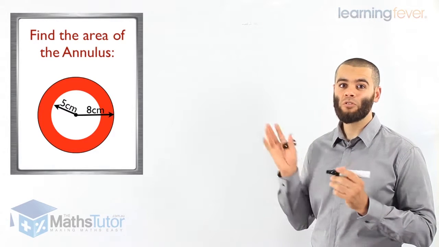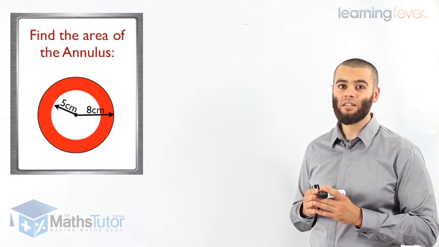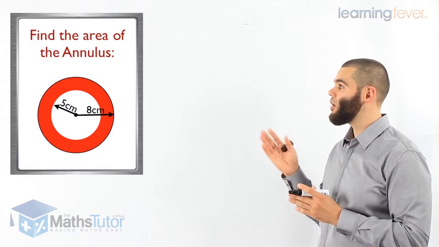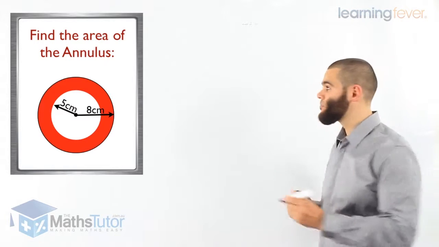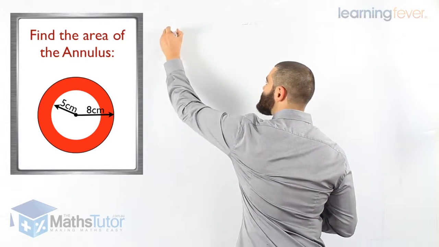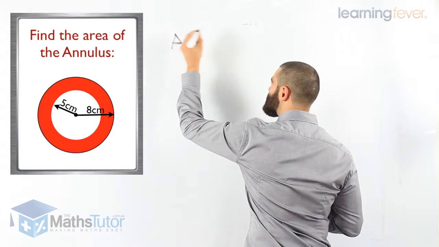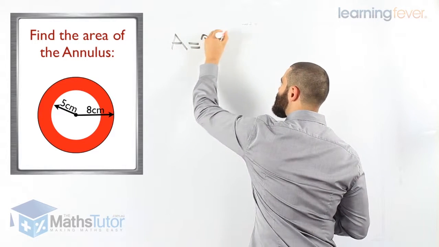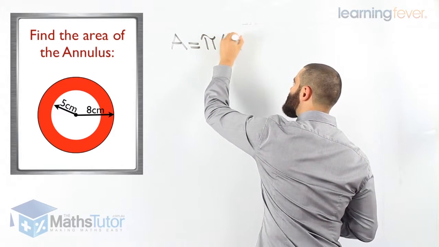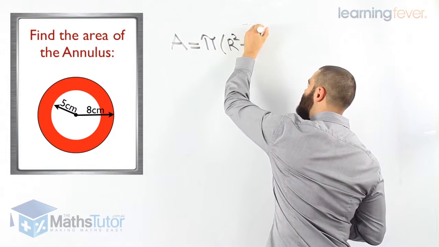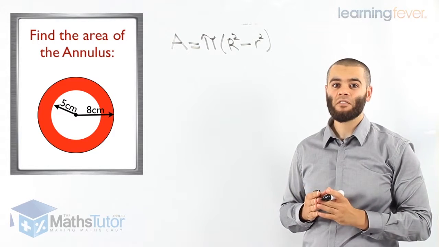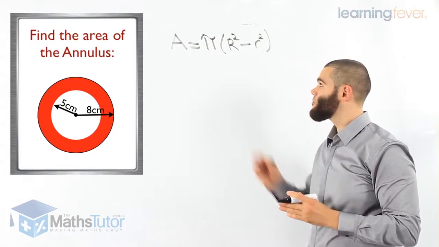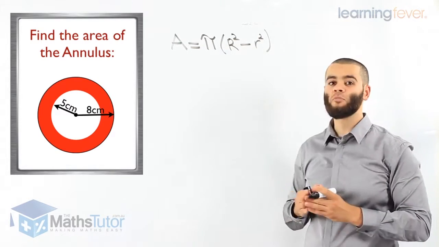So now we're going to use this information to find the shaded area of the red shaded area in this figure. The formula A equals pi, capital R squared minus little r squared. Because we have two radii, one of them is going to be the big one and one of them is going to be the small one.